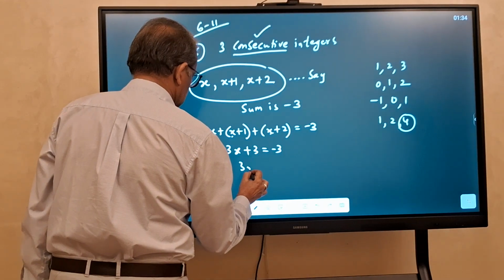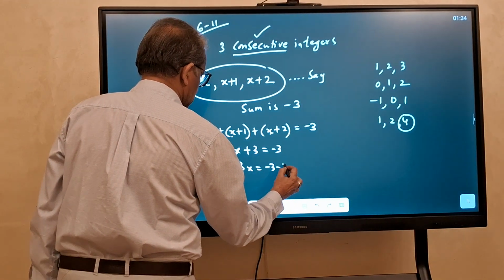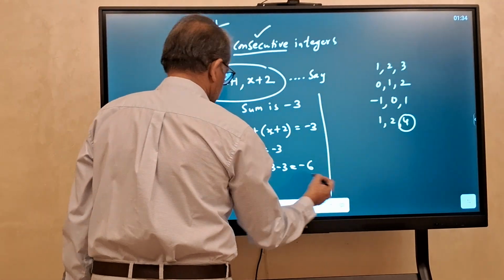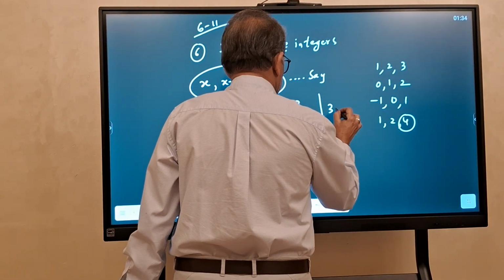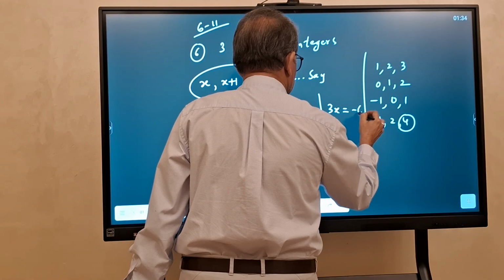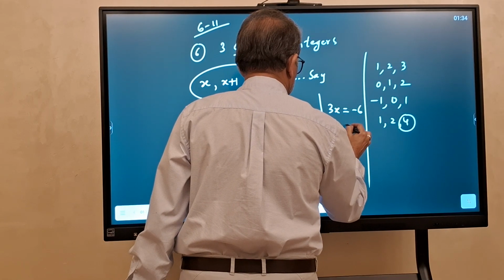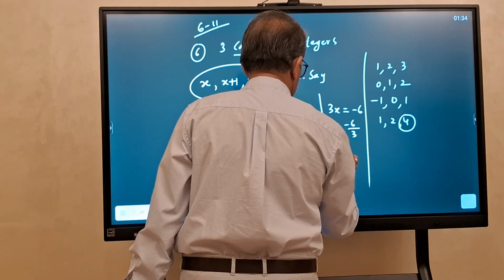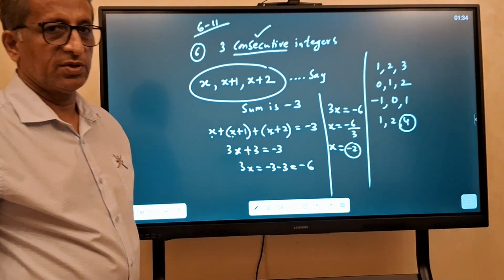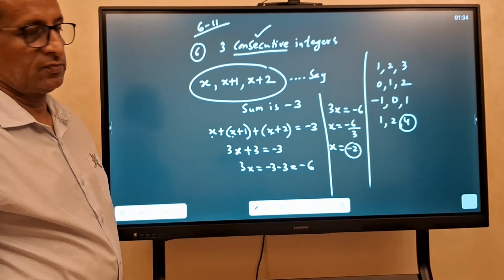Then 3x plus 3 is equal to minus 3. Bringing the 3 to the right, 3x is equal to minus 6. Therefore, x is equal to minus 6 by 3, and x is equal to minus 2. The first number is minus 2.